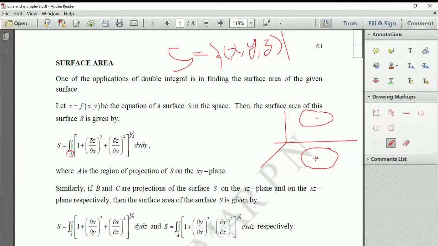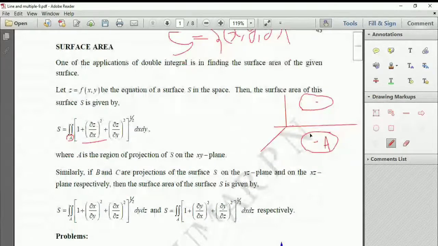So any point on this curve has an x-axis length and y-axis length from the origin. This region we call A. You find the double integral of this over the region A, and that gives you the surface area of this surface.